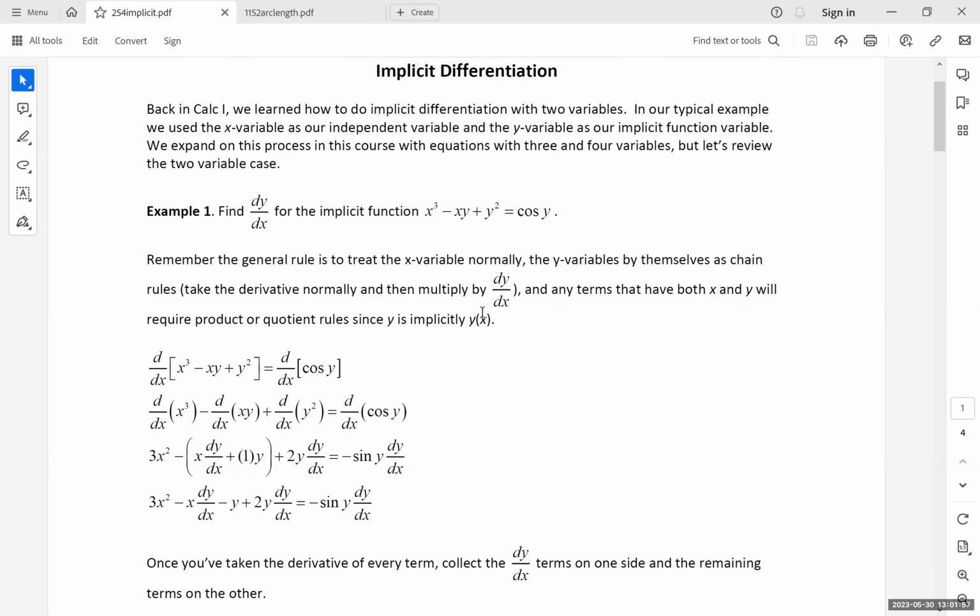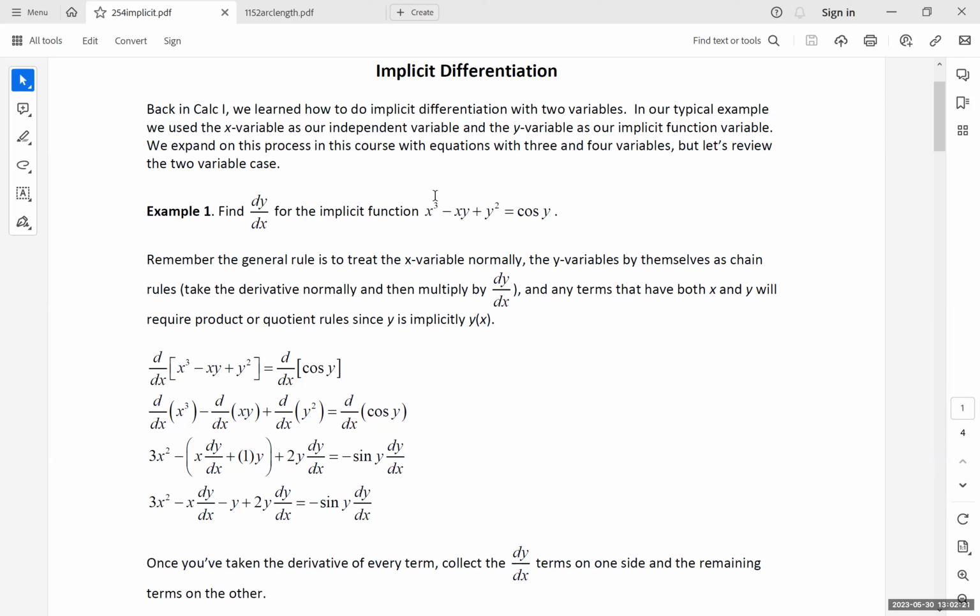Now, one thing that we have to keep in mind is that the way implicit differentiation works is by the chain rule. When you have a function of y by itself, you don't know what the derivative of y is. You're trying to find an expression for it. But when you do a function of y, you're treating it like a chain rule.